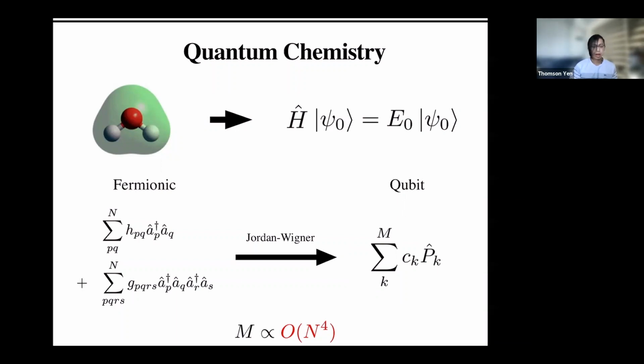So what you do is you write down the Hamiltonian of the electronic degrees of freedom, and you want to solve for its eigenstates. And of all the eigenstates, you're generally interested in the ground state and the ground state energy. So that's denoted by subscript 0.